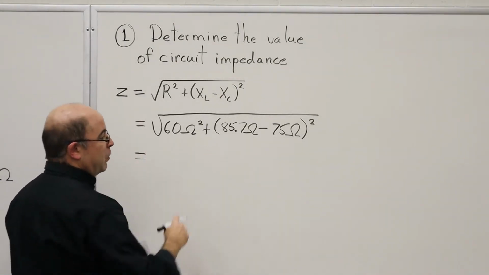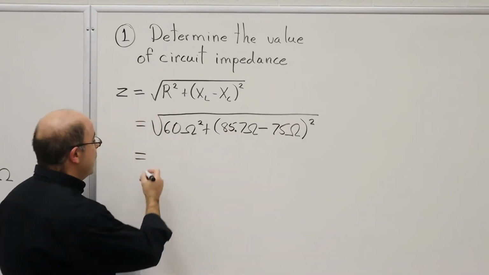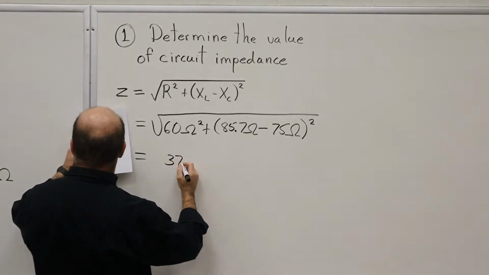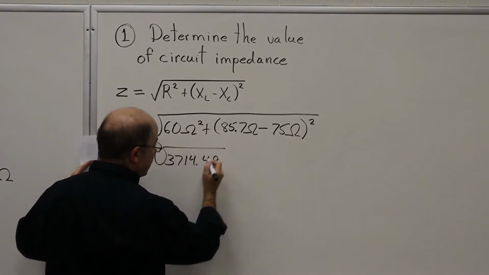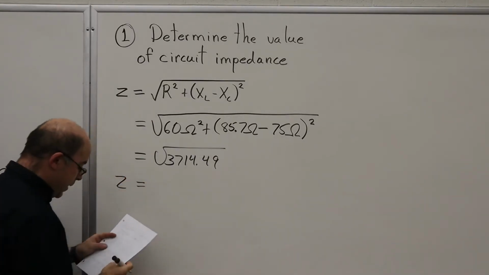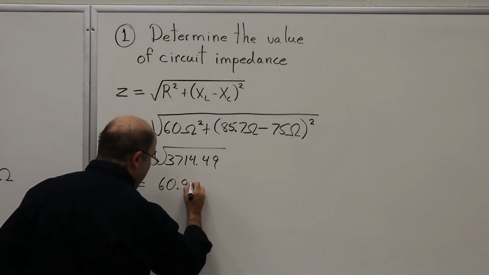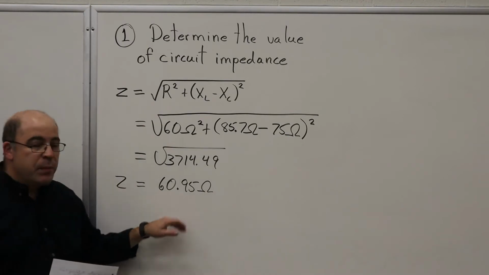As a single operation in a calculator, remembering the PEMDAS rules, you should get 3714.49 square root, and the answer for impedance is going to be 60.95 ohms.